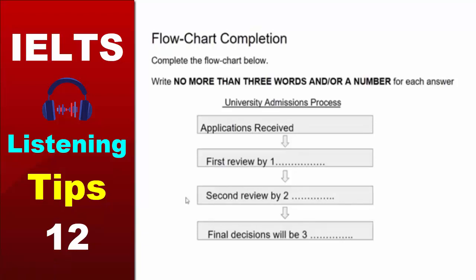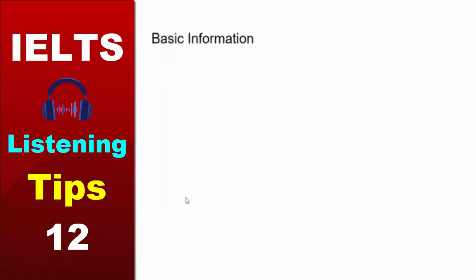Now, as you can tell, looking through some basic information here, all of these question types are pretty similar to one another, even though they take different forms. The basic idea is that you need to fill in gaps in the provided information. All of these give you some information, whether it's notes or a table or a summary.